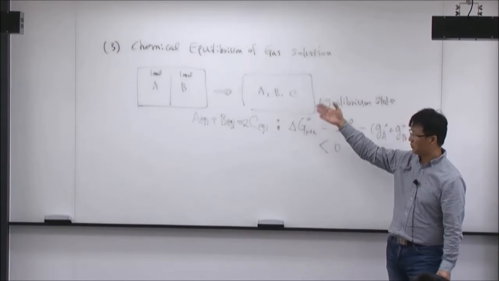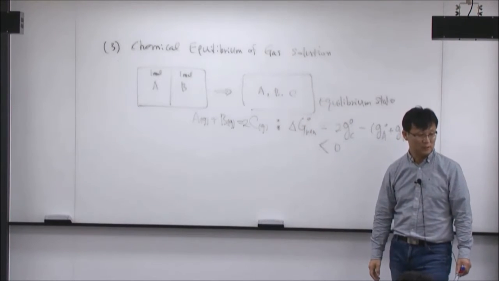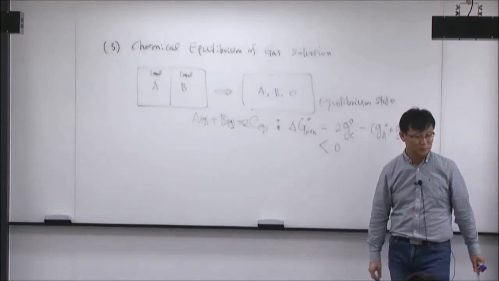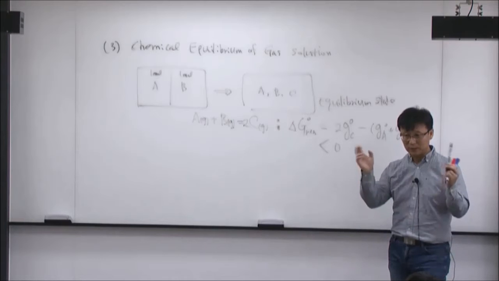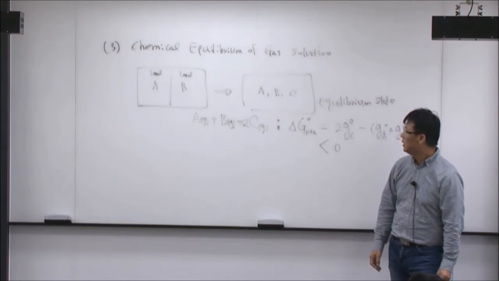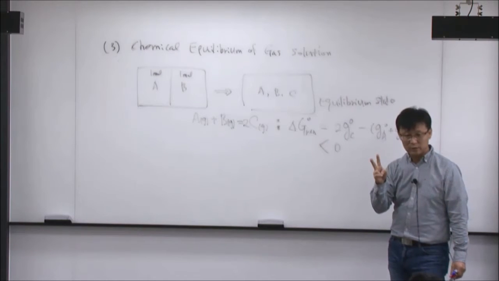Please calculate the amount of A, B, C, the mole fractions of gas A and B and C. Okay, this is a very realistic, very practical question from industry for the process. Okay, so we have to calculate. There are 2 ways to calculate it.